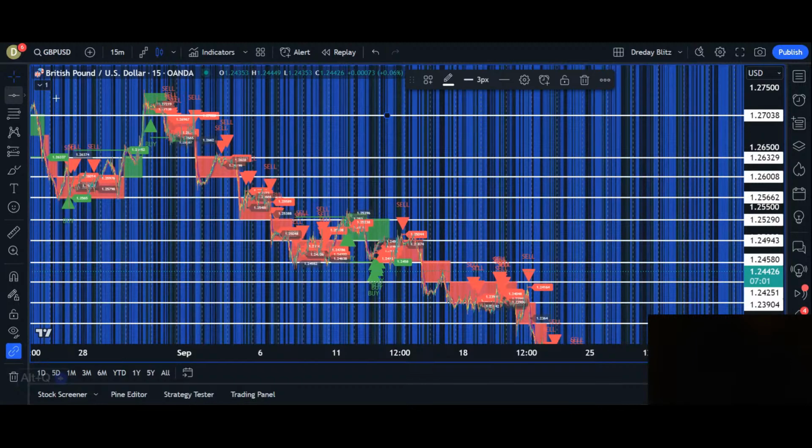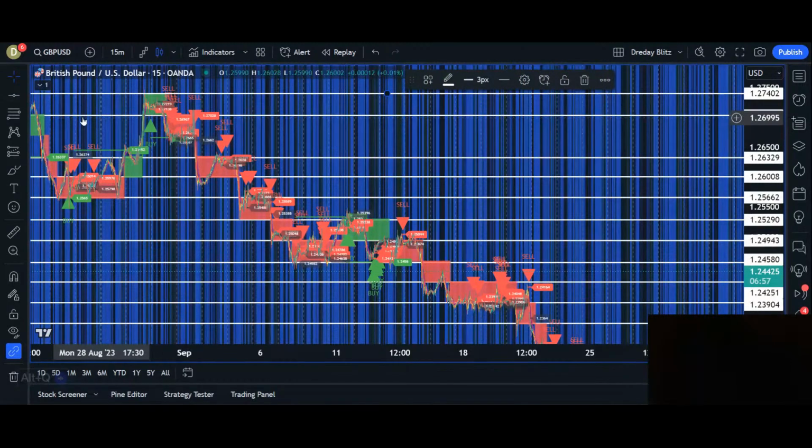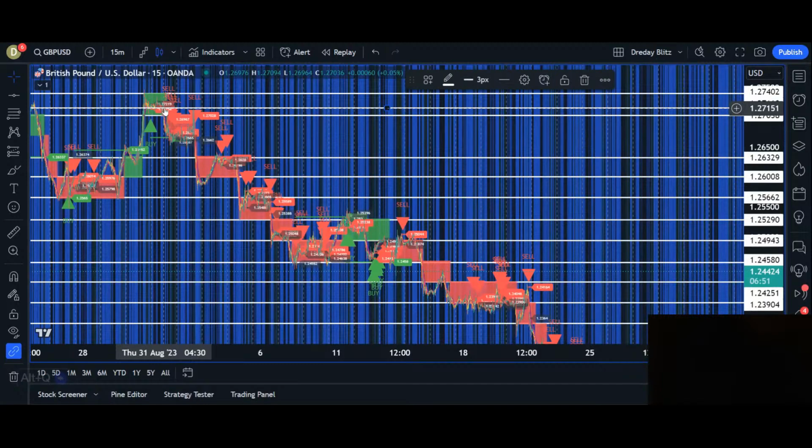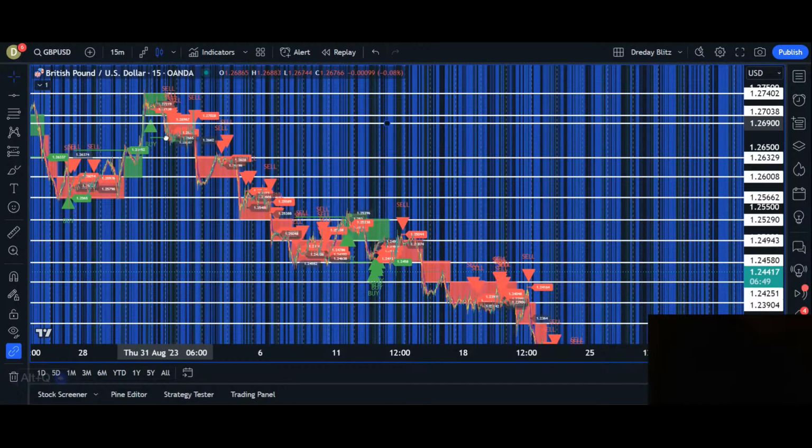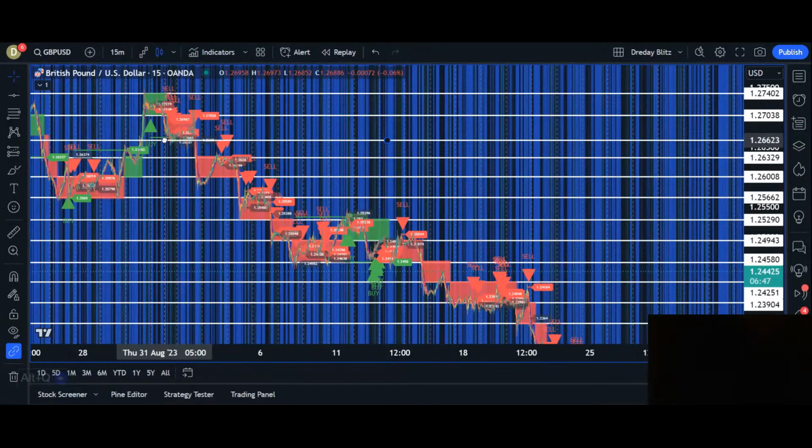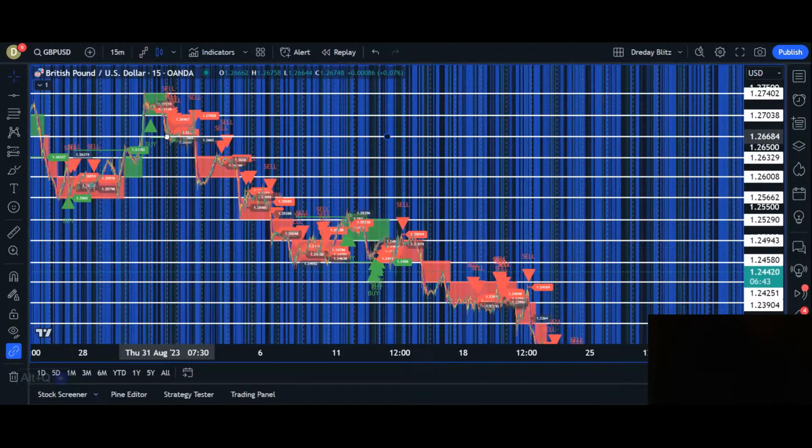Go. There you go. And then last one right here. Oops. Right here. Right here. Boom. So more or less, those are the zones.